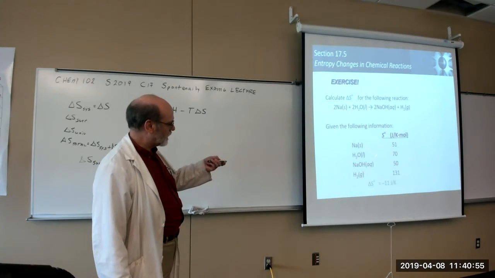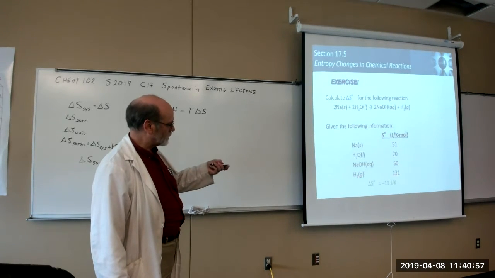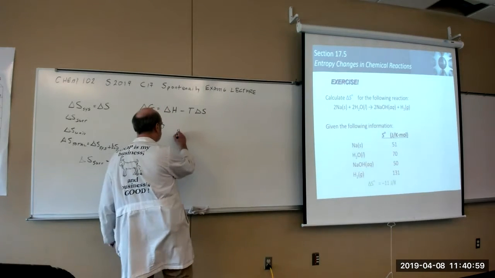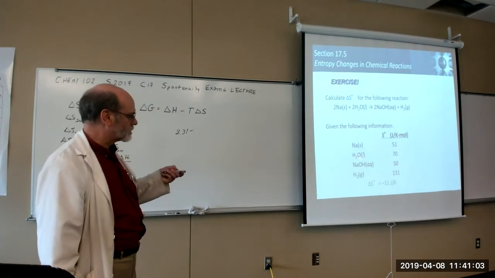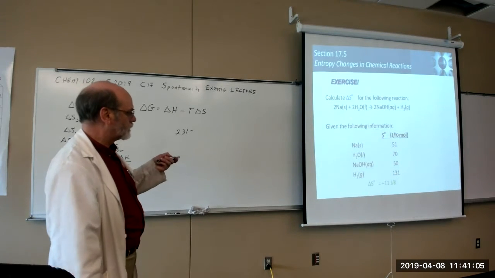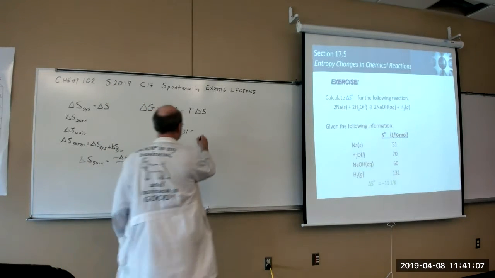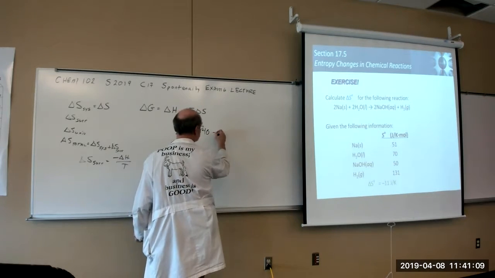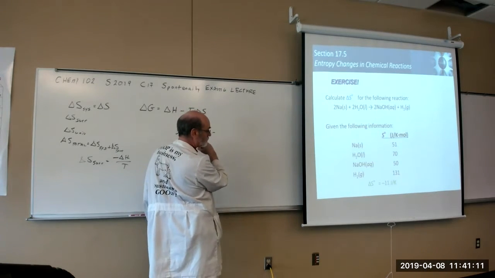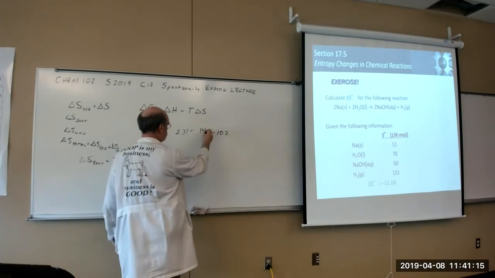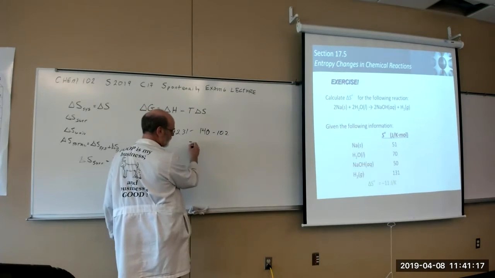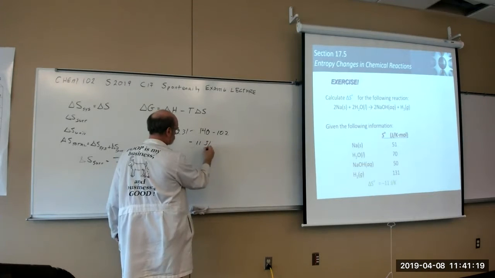Plus 1 of these would be 231. And then we subtract 2 waters, 140, and 2 sodiums, 102. So that gives us our negative 11 joules.